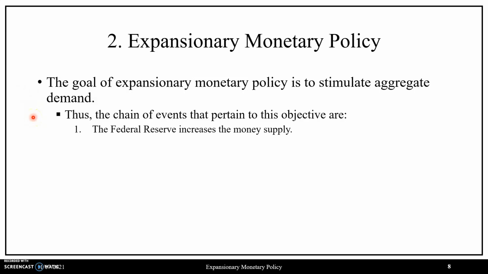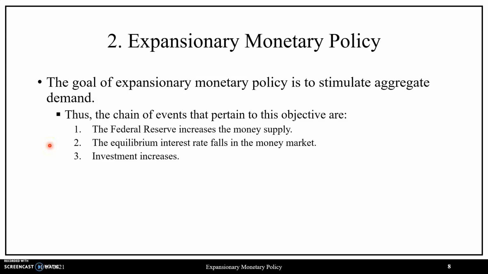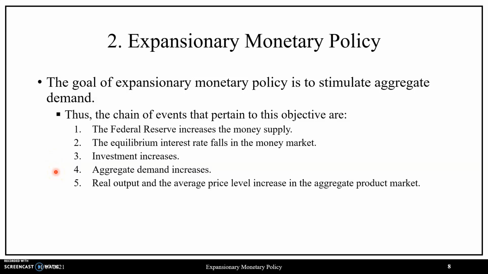Thus, the chain of events that we are interested in for this objective is the Federal Reserve increasing the money supply, which has the effect of decreasing the interest rate in equilibrium for the money market. With the decrease in the interest rate, this increases investment, which then has the effect of increasing aggregate demand, which then increases real output and the average price level in the aggregate product market.